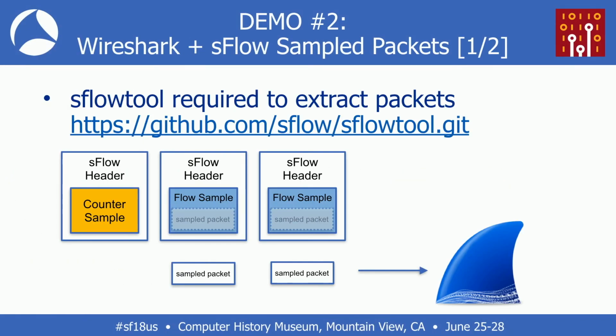In the second example, yeah, please. So for flow sampling, if you put this agent on a 48 port switch, do you have to specify what ports it's doing that on, or is it on all of them, or on a per interface basis? Actually, you can create your own policies. You can run multiple agents on the same switch with different sampling rates and different monitored interfaces, so you have complete control over this.